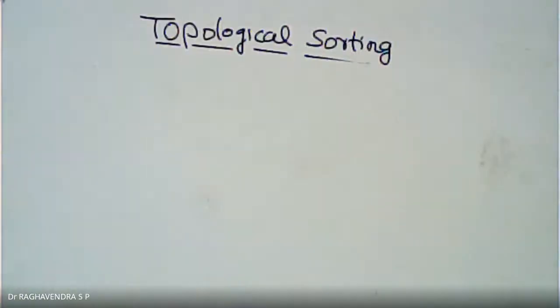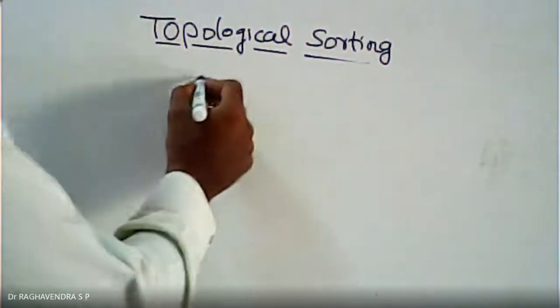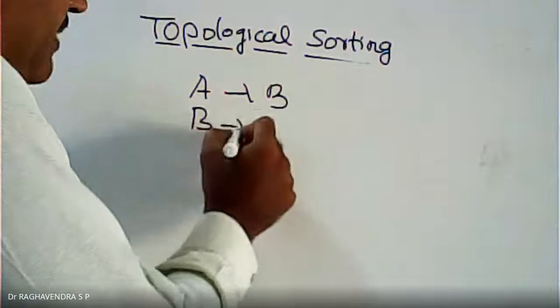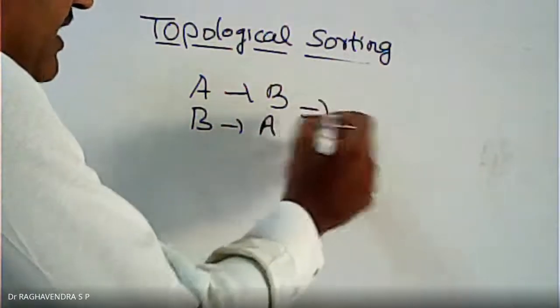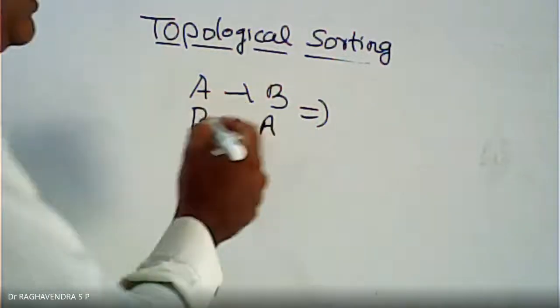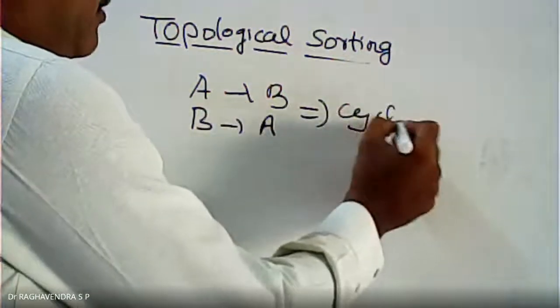Next para. If A depends on B and B depends on A, if A implies B and B implies A, then what is the meaning? It is a cyclical one.